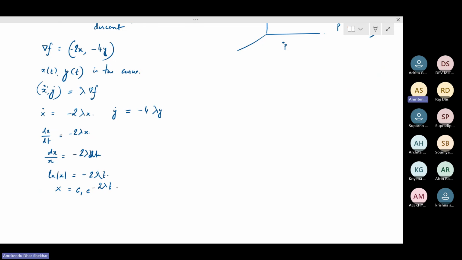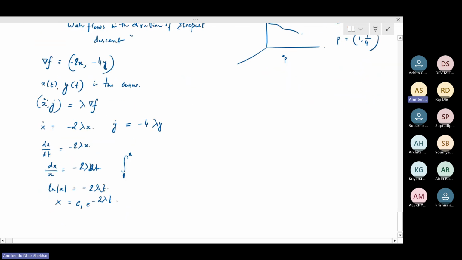Or you can just integrate from x equals 1 to x, because the initial point is 1. That gives you dx by x, which is log of x, equal to minus 2 lambda t. And so that gives you basically x equals e raised to the power minus 2 lambda t.